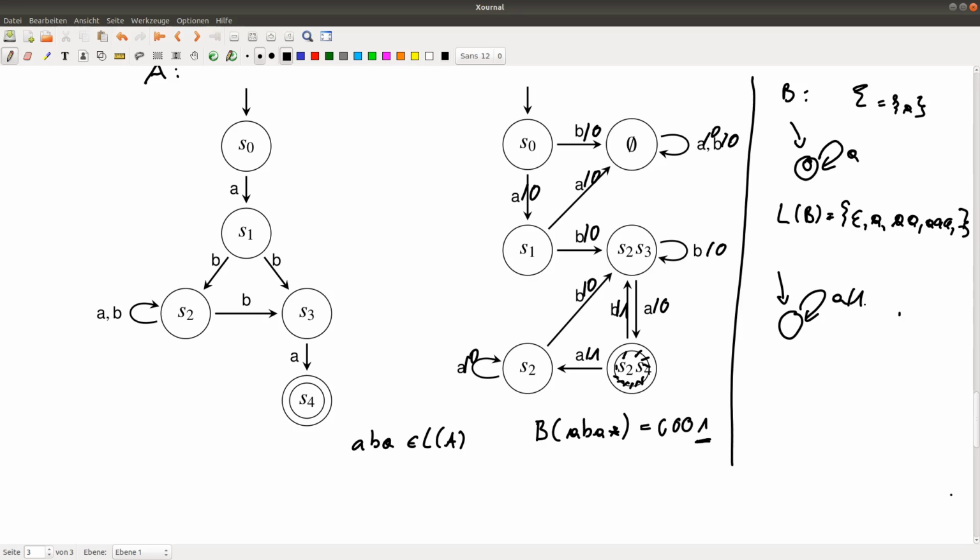When we want to check, is epsilon in the language of B? Yeah, if we want to check if epsilon is in the language of B, we have to check if B and some symbol produces a 1, and this is indeed the case. Yeah, so we read some symbol, and the produced string ends with a 1, and therefore we can conclude that the empty word epsilon is in the language of B.